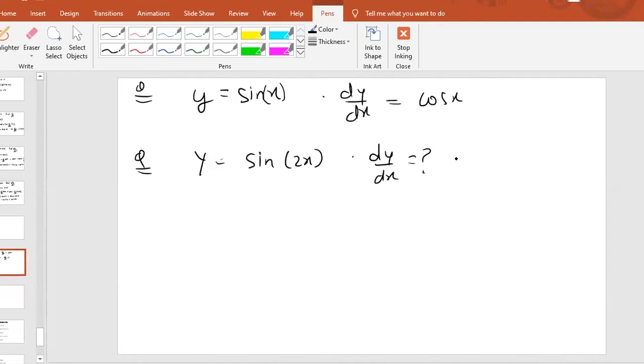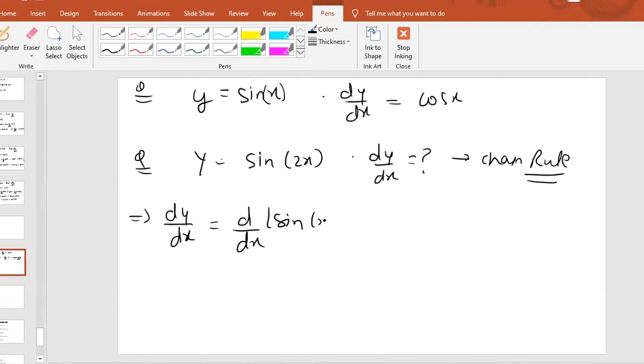To solve this type of problem, we have to use chain rule. I will not go into detail on what chain rule is. Simply, I will give you the method to solve this. To differentiate this, we write dy by dx equals d by dx of sine of 2x.